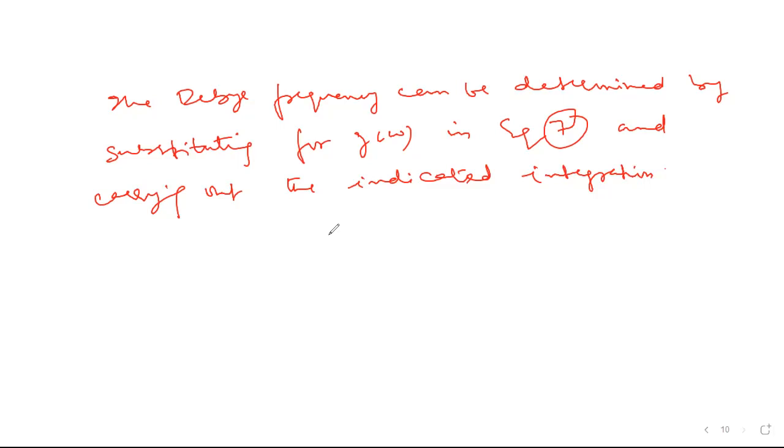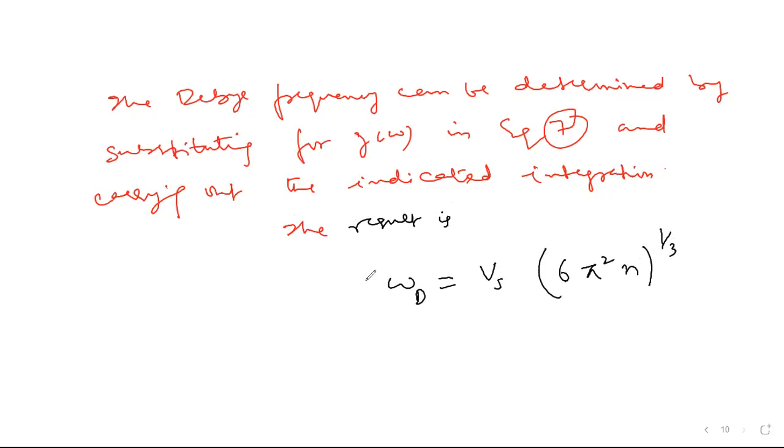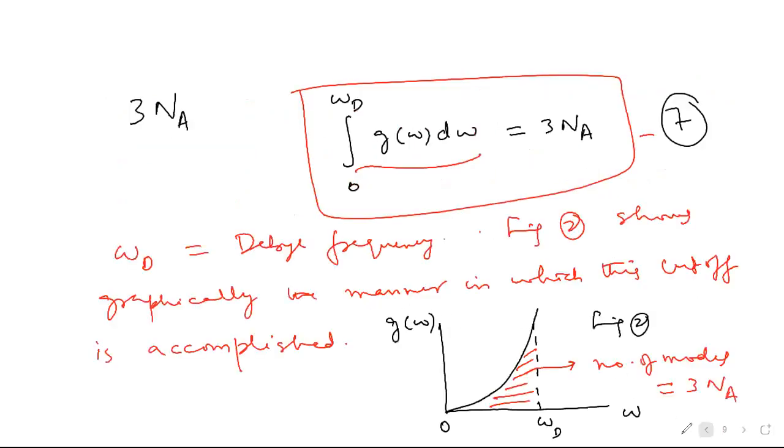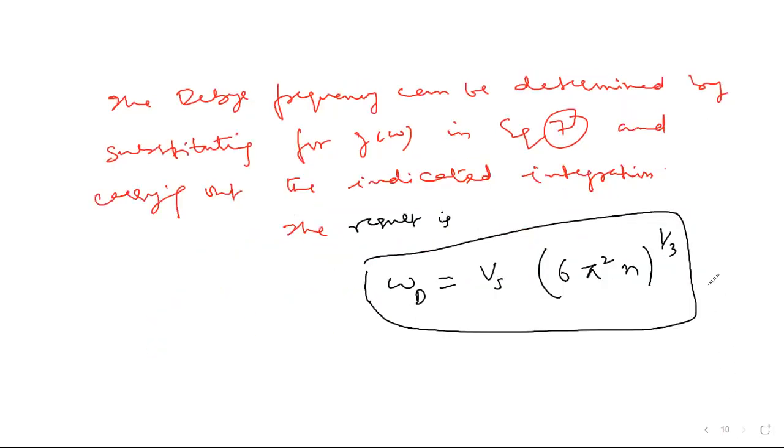When we do it, the result is, I will write directly, ω_D is equal to vs times (6π² n) whole raised to the power 1 by 3. Let me name it as equation 8.